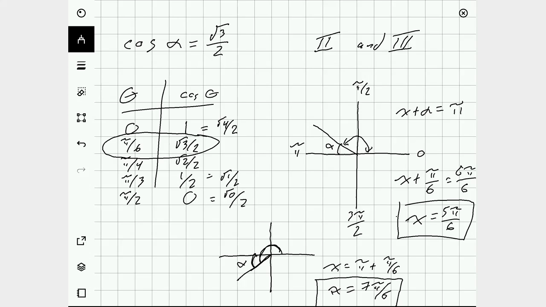So the two solutions to this particular equation are 5 pi over 6 and 7 pi over 6. Again, there are more solutions. There are, in fact, infinitely many solutions, but these two solutions are the ones that occur on the interval from 0 to 2 pi, which is where we were told to look.